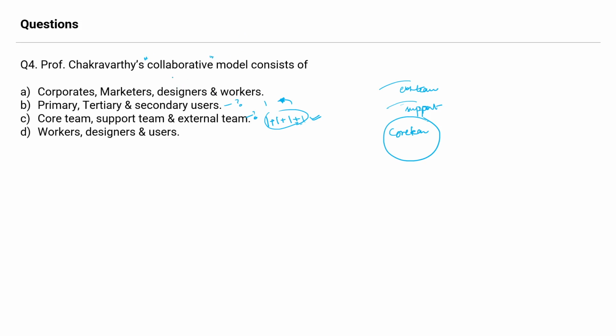Okay. Anyone else who has a point of view? Okay, so I think Sir has made a point which says that we are talking about the collaborative model, which means there is some exchange of information, some knowledge sharing, expert sharing happening.